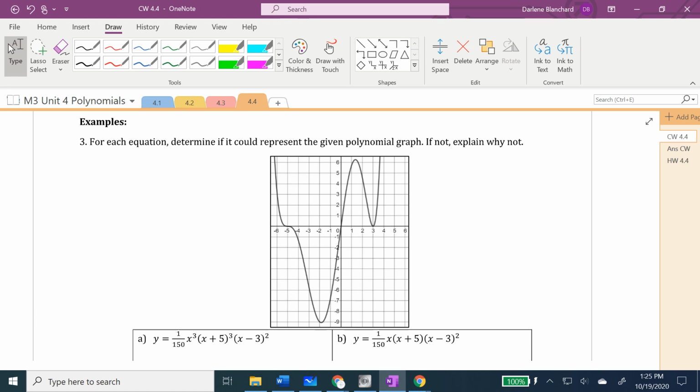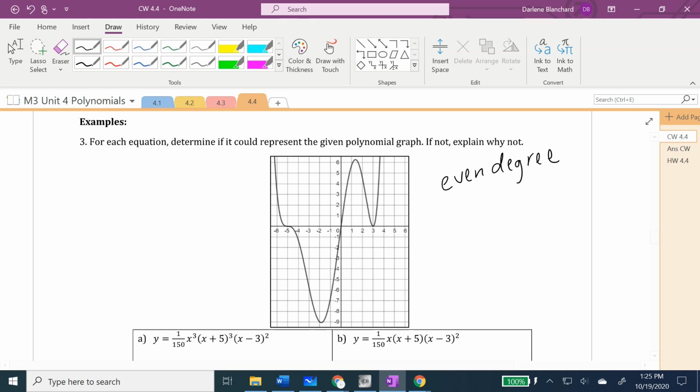Anyway, moving on. What does this tell you about the equation? With it going up, what can you expect from the equation? It has an even exponent, so it is an even degree polynomial.